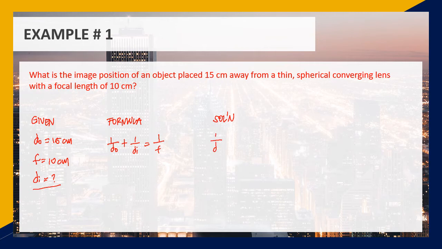Copy na to ang formula, then substitute. So 1 over DO na to is 1 over 15 plus 1 over DI nga unknown, then 1 over F nga 10. Okay? So DI na to or image distance: 1 over 15 plus 1 over x is equal to 1 over 10.